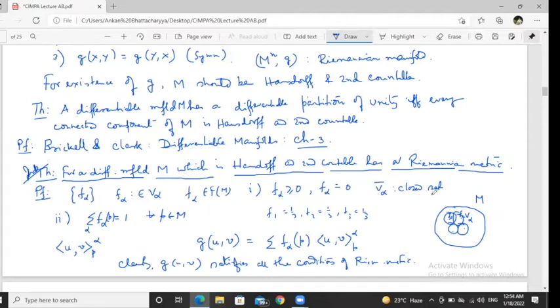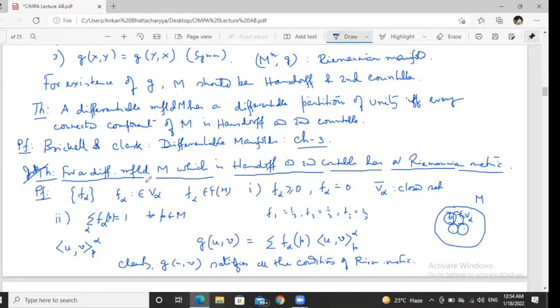Okay, this is a closed set. So f_α is 0 here, and generally f_α is greater than or equal to 0. The second condition is that the summation of f_α(p) is equal to 1. That's why it is called a partition of unity. So say f_1 may be 1/3, f_2 may be 1/3, f_3 may be 1/3, like that. So the summation will be 1.